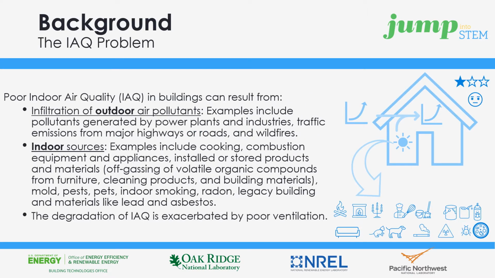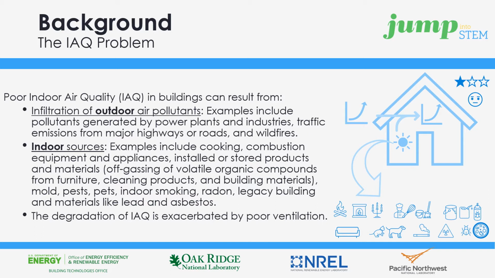To begin with, the indoor air quality in a building, whether it is a house or a commercial building or any type of building with an enclosed environment, depends on air pollutants that are generated either indoors or outdoors. Examples of outdoor air pollution include those generated by power plants and industries, traffic emissions from major highways or roads, and wildfires.